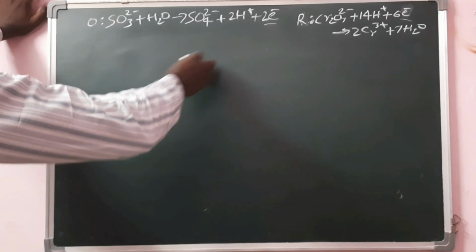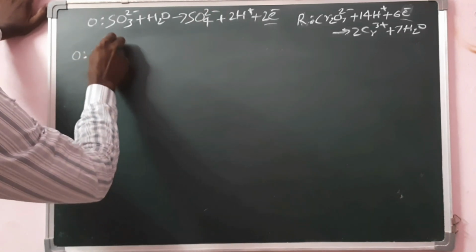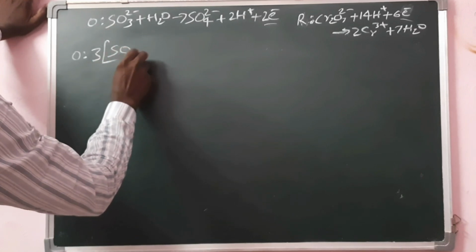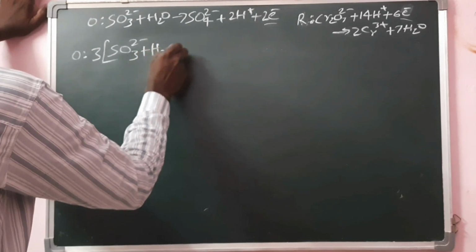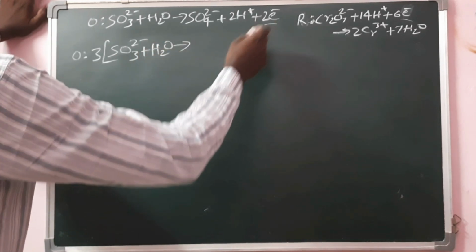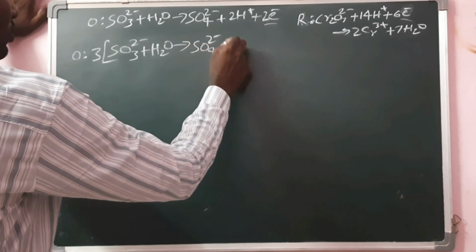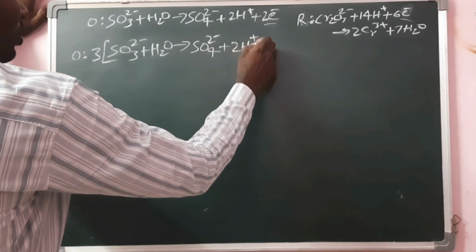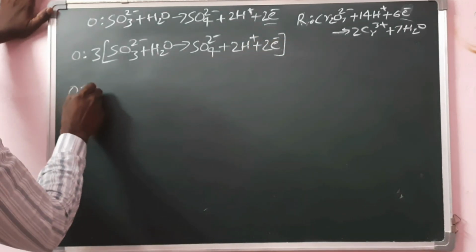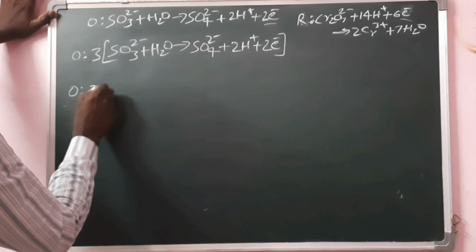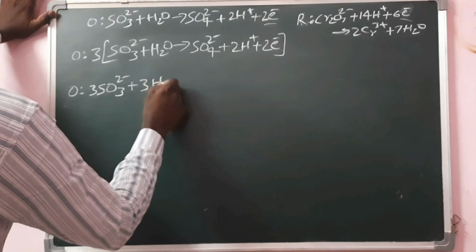To do this, we can multiply the oxidation half reaction by a coefficient of 3 to balance the number of electrons in the two half reactions. Now the oxidation half reaction we will write as 3 SO3 2 minus plus 3 H2O.